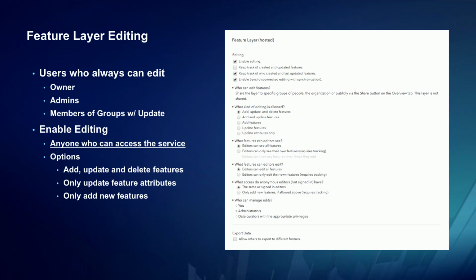If it's public, that means that anonymous users can actually edit your feature layer, which is often not desirable. There are some crowdsourcing use cases that are valid, but most of the time you want to be careful with that one and make sure that you're not setting editable feature layers to be public and shared to everybody.